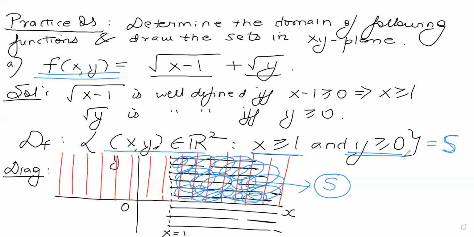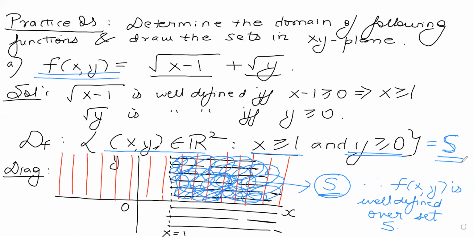And this is the region where the red and the black lines are intersecting each other, which I have shaded in blue color, and we have called it the set S. So I can say, therefore, f of xy is well defined over the set S, where set S is nothing but the domain of the function. Hoping all students have understood this question and have no doubts.